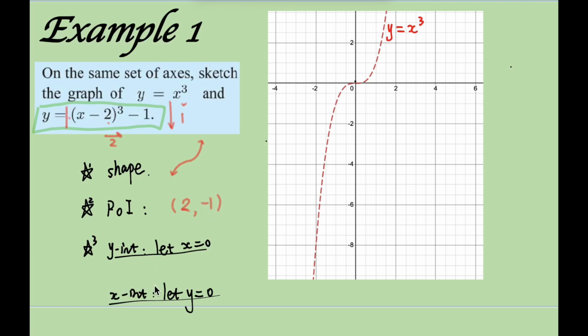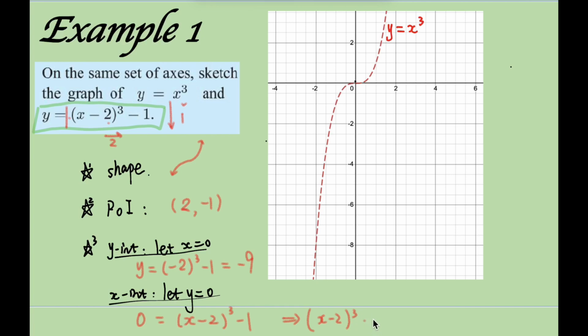After that, we're going to calculate the y-intercept. Let x be 0, we will have (-2) cubed minus 1 equals -9. And then for the x-intercept, let y be 0, and we will have (x minus 2) cubed minus 1 equals 0. For this, we can get the value of x in this way.